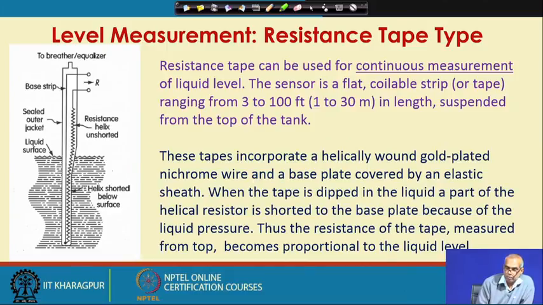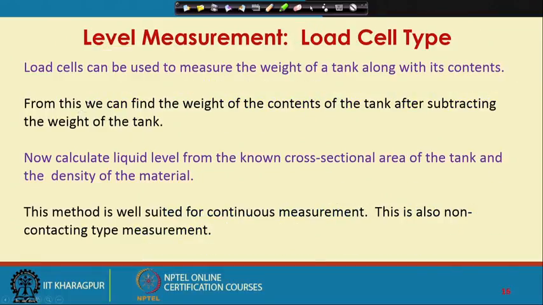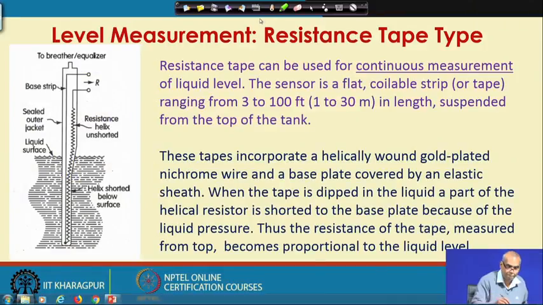So, you consider this resistance helix. This is a gold plated nichrome wire and you have this base strip. Now, this is immersed in the liquid whose level you are measuring.